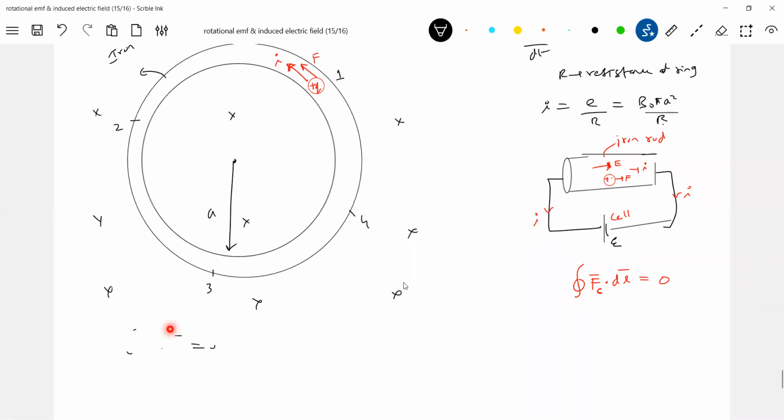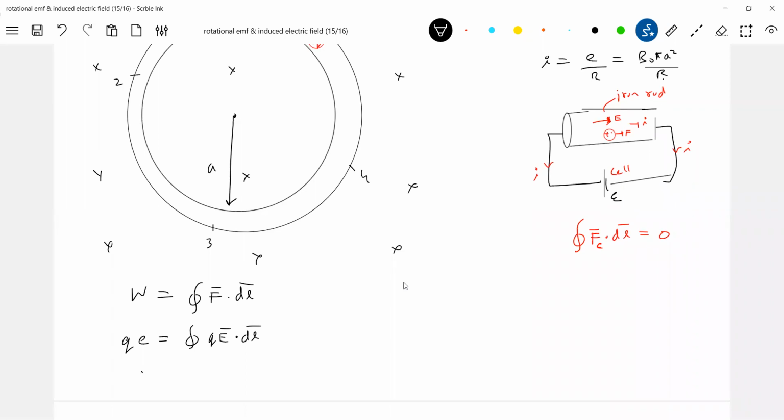I'll proceed with the basics of electrostatics that we learned. Work done equals the integral of F bar dot dl. If it were a conservative force acting here, it would have been zero. It is a non-conservative force that is in fact acting. And what is F? F should be equal to Q into E. And as it is non-zero, what is the work done? The work done should be equal to Q into the potential difference.